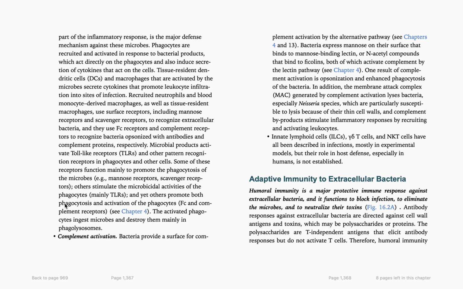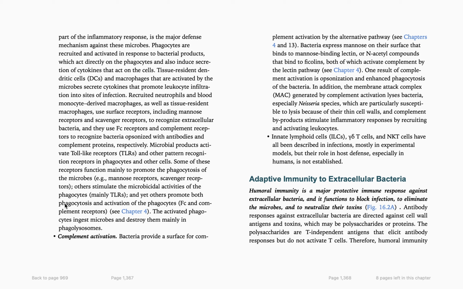Recruited neutrophils and blood monocyte-derived macrophages, as well as tissue-resident macrophages, use surface receptors including the mannose receptor and scavenger receptor to recognize extracellular bacteria, and use Fc receptors and complement receptors to recognize bacteria opsonized with antibodies and complement proteins, respectively.